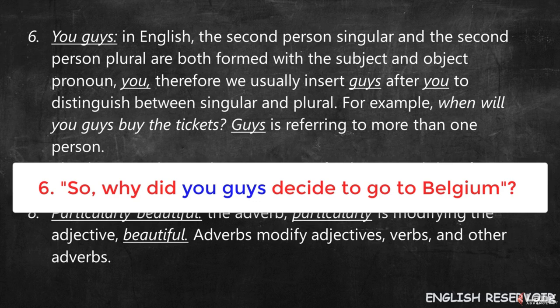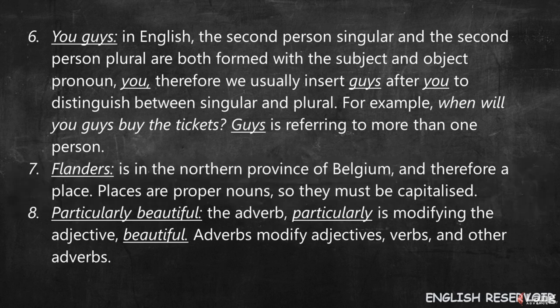In English, the second person singular and the second person plural are both formed with the subject and object pronoun you. Therefore, we usually insert guys after you to distinguish between singular and plural. For example, when will you guys buy the tickets? Guys is referring to more than one person.